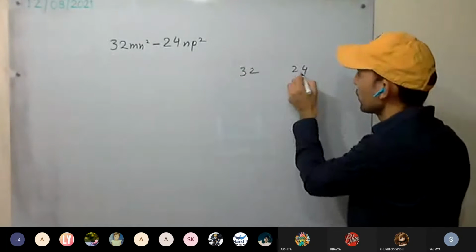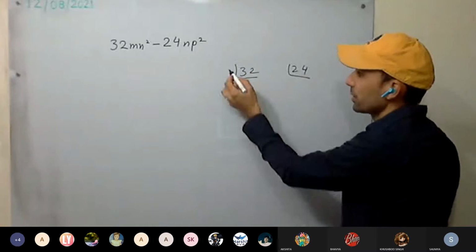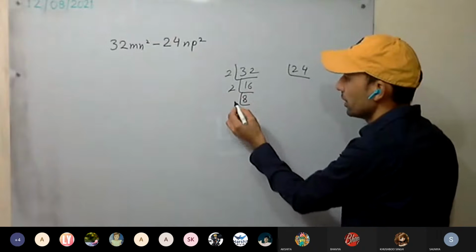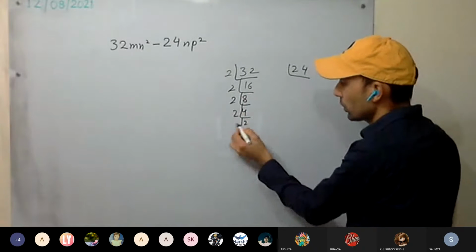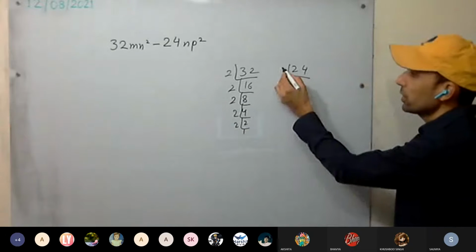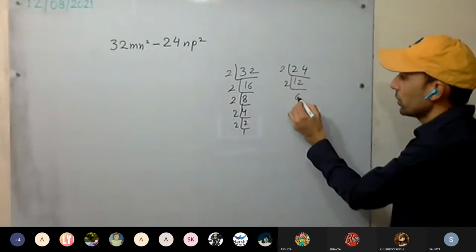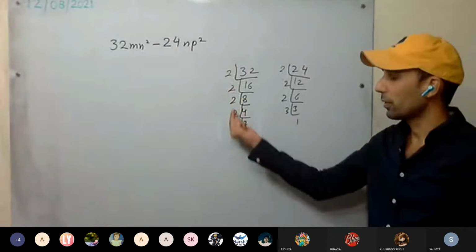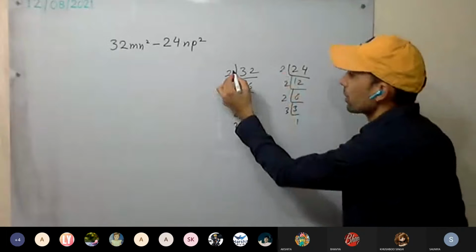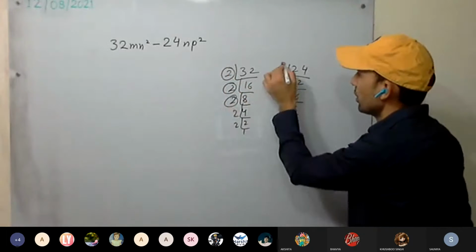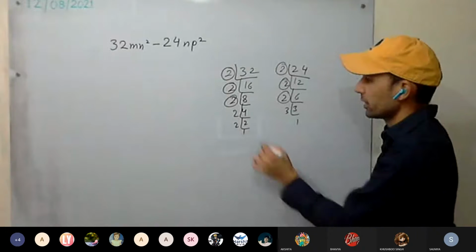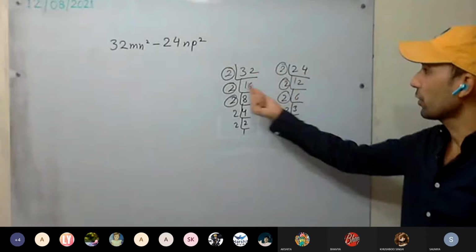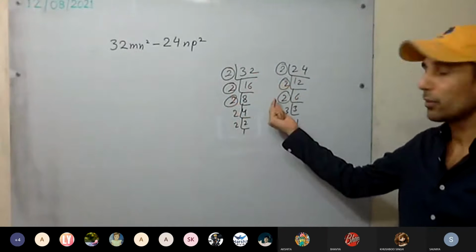If you do not know, take the highest common factor. 32: 2, 16, 2, 8, 2, 4, 2, 2, 2, 2, 1. 24: 2, 12, 2, 6, 2, 3, 3, 1. So what are the common factors? 2 we have done. The highest common factor between 32 and 24 will be 8.